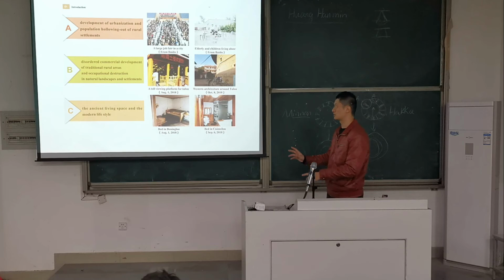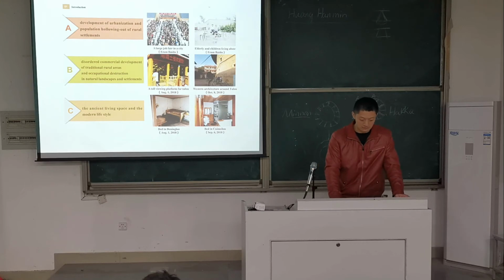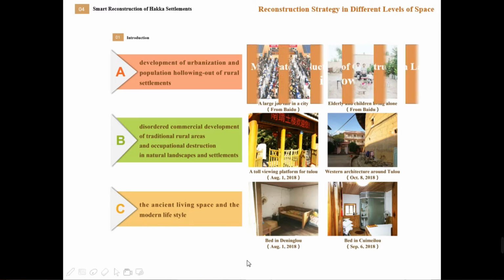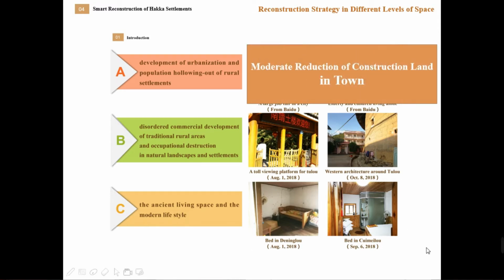Yeah, let's go back to the previous complex that we mentioned above: A, B, and C. For A, development of urbanization and population hollowing out of settlements, I brought about one strategy of moderate reduction of construction land in town.